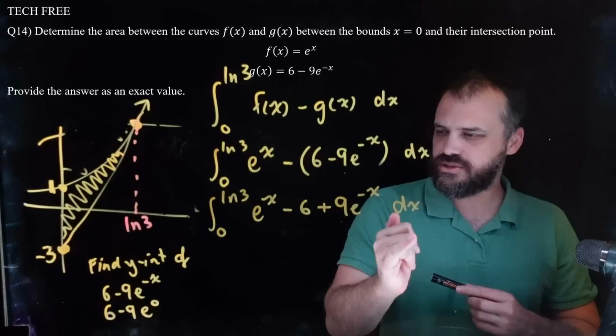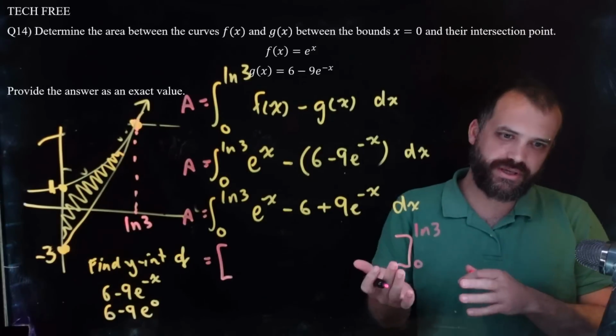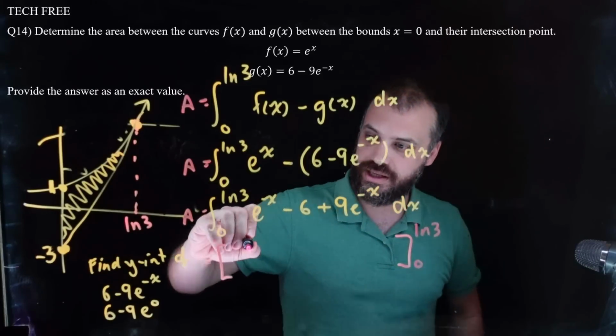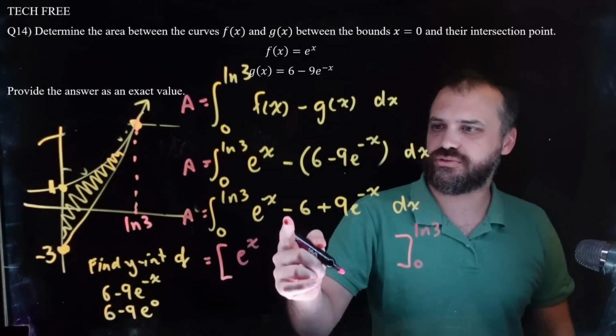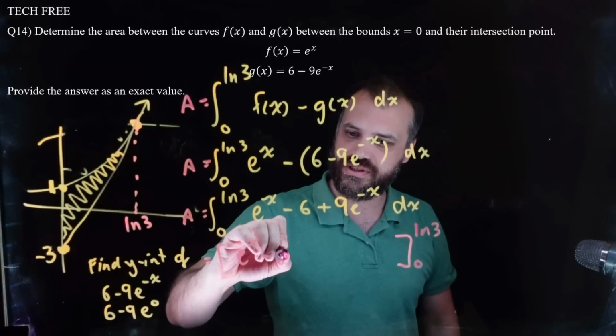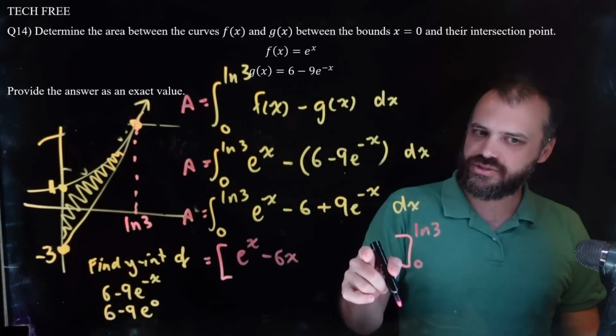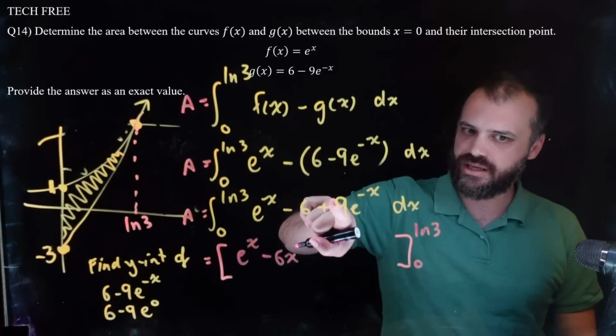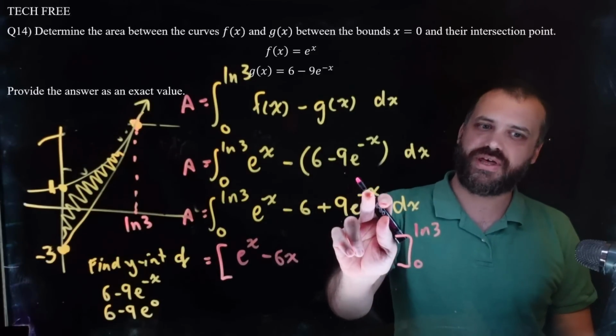Okay, what is the integral of this? Because I'm going to be integrating between ln3 and 0. Integral of e to the x is e to the x. The integral of negative 6 is negative 6x. And the integral of 9e to the negative x, we bring that negative out the front because we need the derivative of that to come out the front.